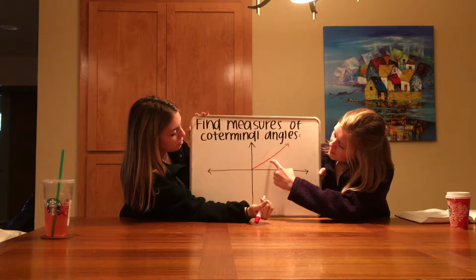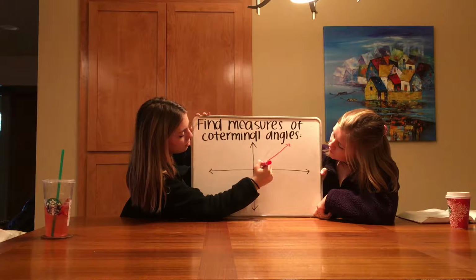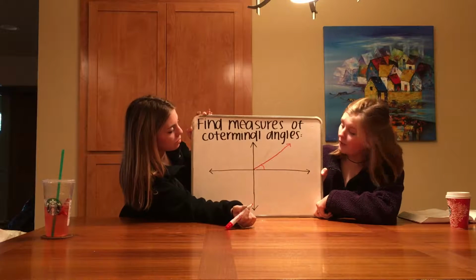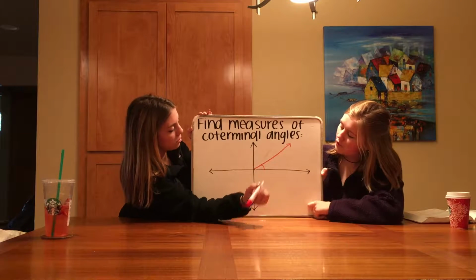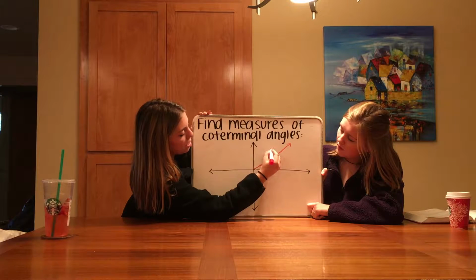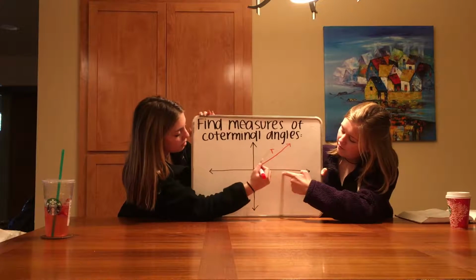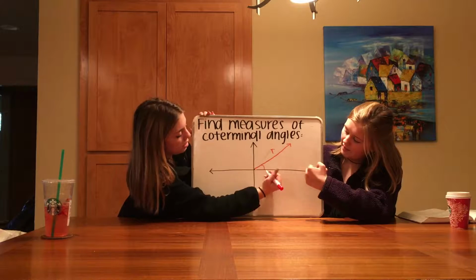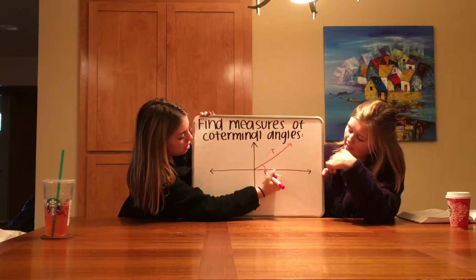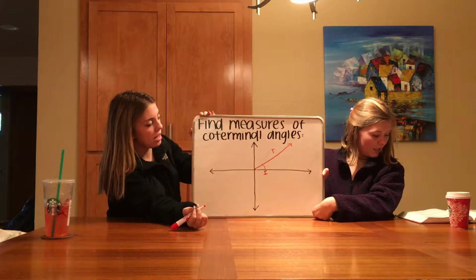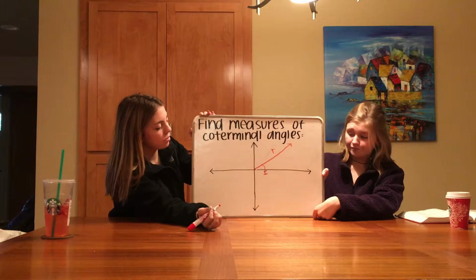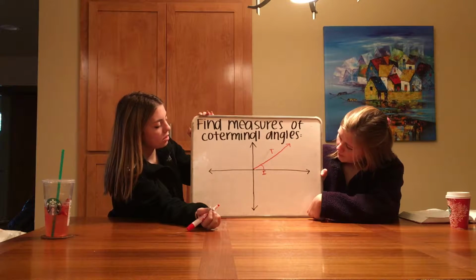This is our angle. So this up here is the terminal side, I'll just label it T. And this down here, the black line from 90 on, is the initial side.